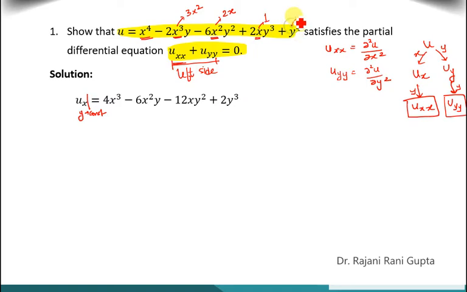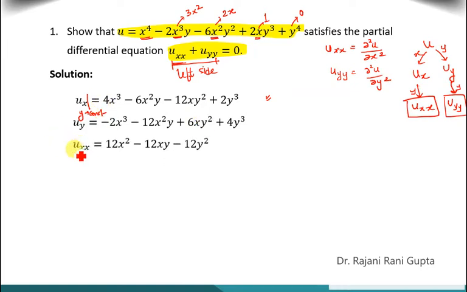And here we have only y power 4, which is a constant, so the derivative becomes 0. Okay, this is the first derivative. Now we want the second derivative. So now we differentiate this with respect to x again. We can do that, or let's first find the derivative with respect to y. I'll explain this later.